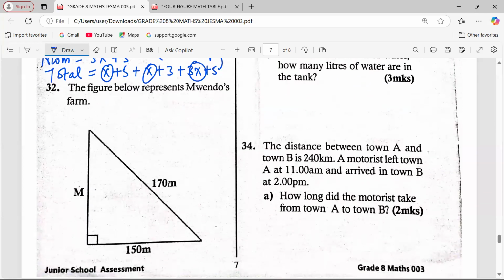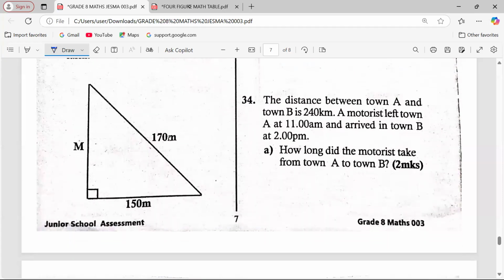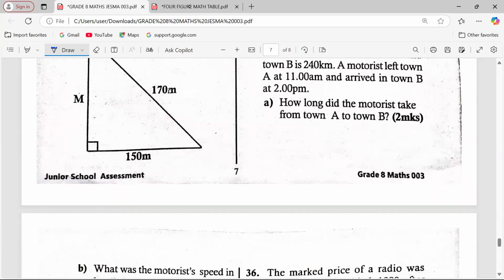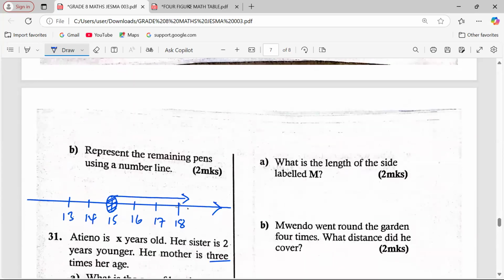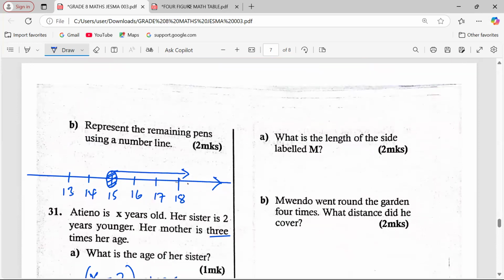Number 32. The figure below represents Mwendo's farm. The height is the side labeled M, the base is 150, and the hypotenuse is 170. What is the length of the side labeled M?